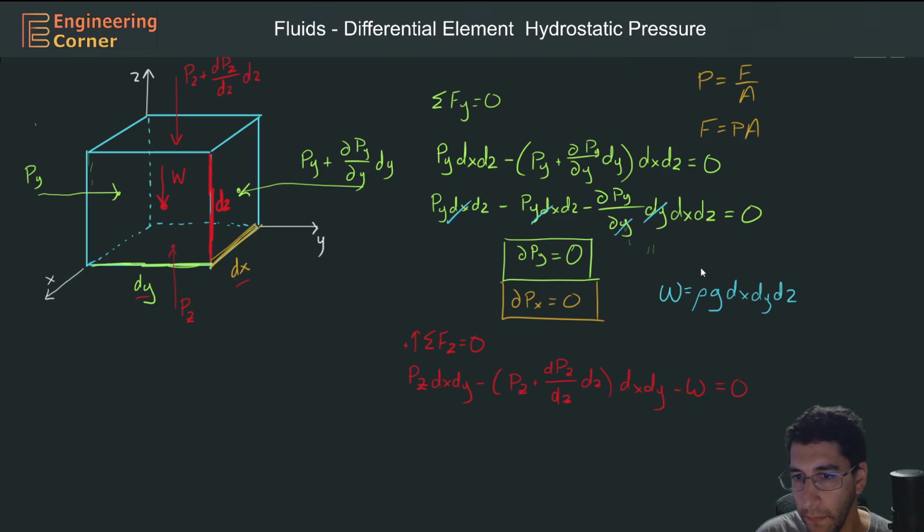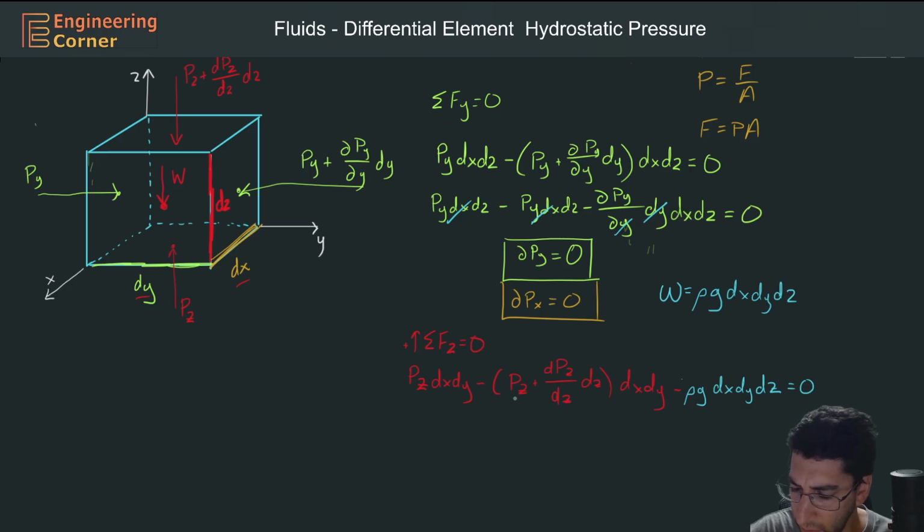So when we put everything together, let me put in my weight right here: rho g dx dy dz. Yep, I think I have room for that. Okay, and that's equal to 0.